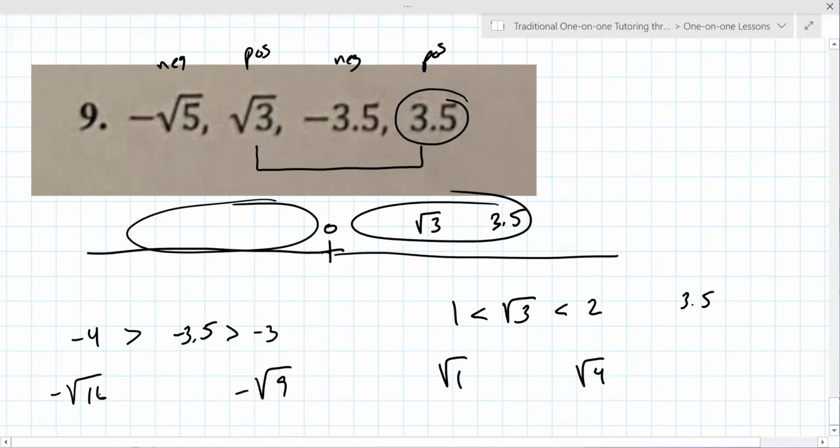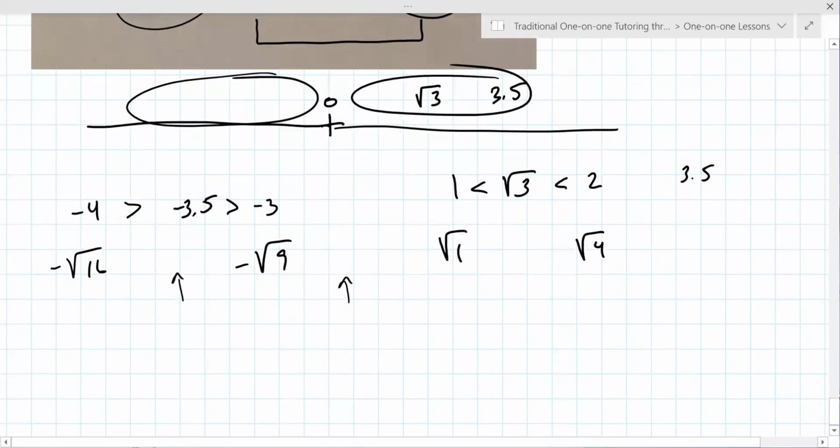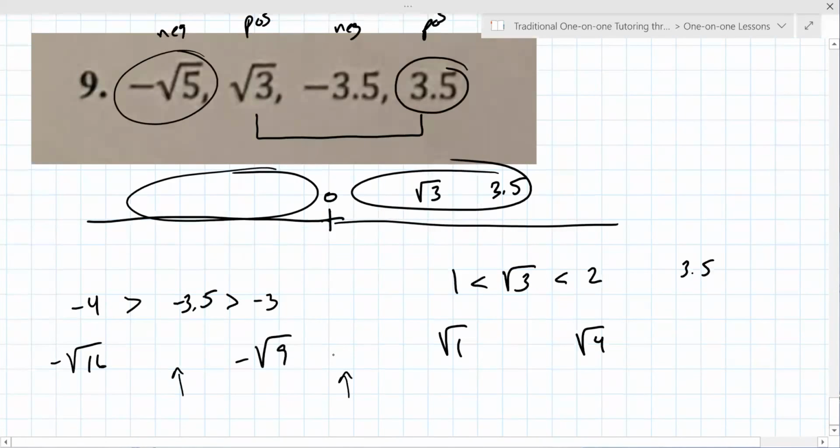So where does the negative square root of 5 fall? Does it fall in here or over here? It falls on the right, over here on the right, because it's less than those. It's a little weird when you get backwards like this. So it's negative square root of 5, negative 3.5.